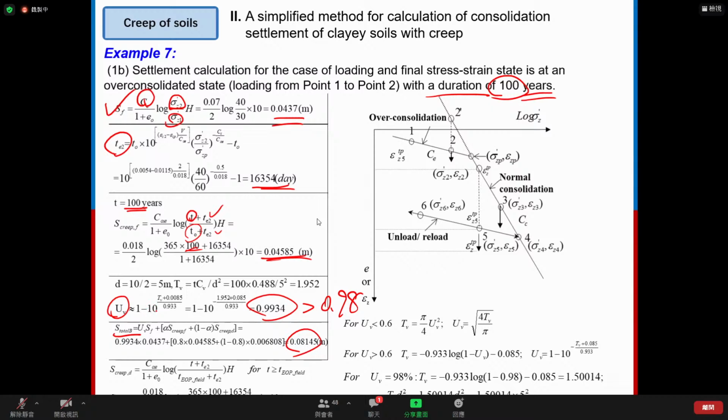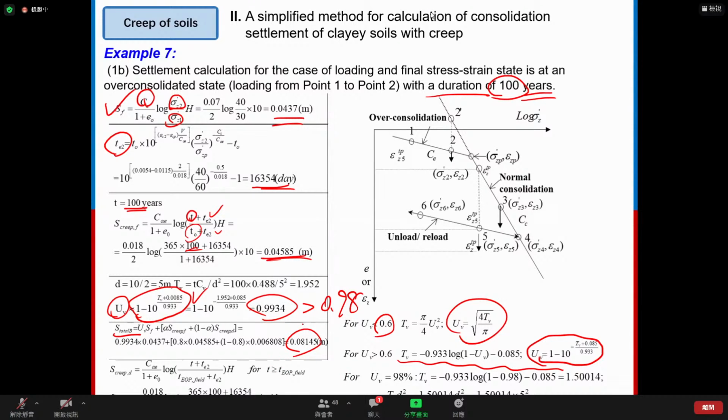One more thing to discuss. Because this U is larger than 0.98, this equation is the one we use here. We no longer use this other one, because U has already exceeded 0.6.